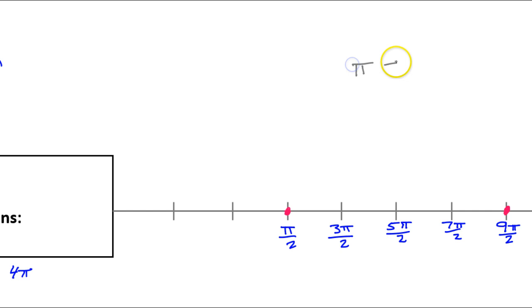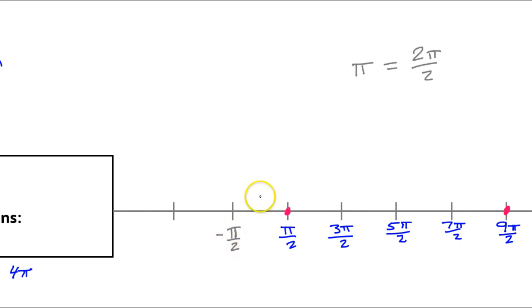Remember that pi was 2 pi over 2, and that's why I was adding 2 every time. Going to the left, I need to subtract 2 pi. So if I take 1 minus 2, that's negative 1. So this will be negative 1 pi over 2.